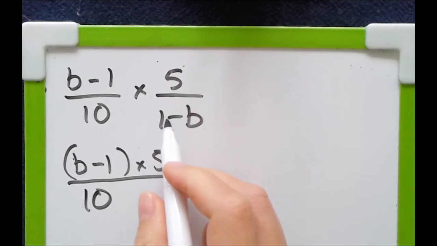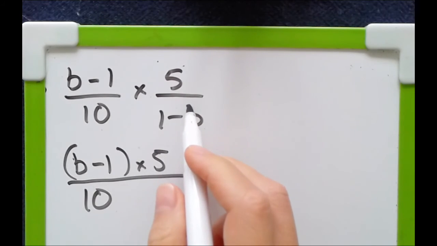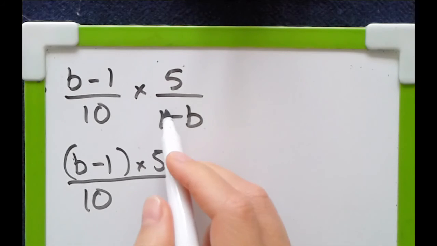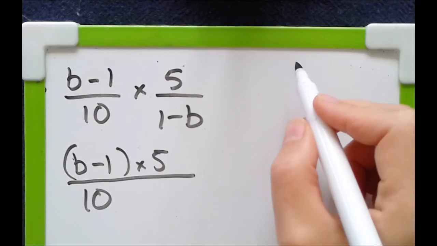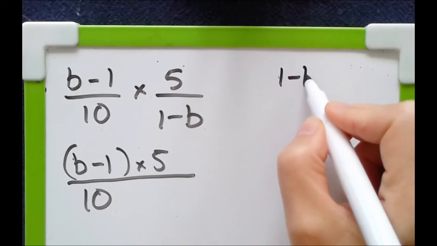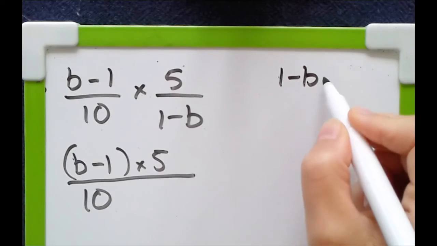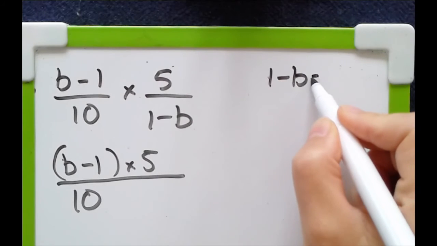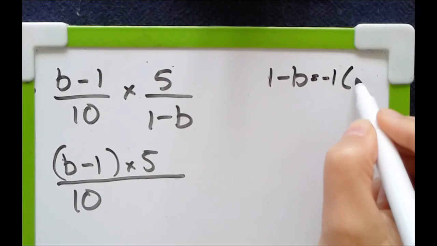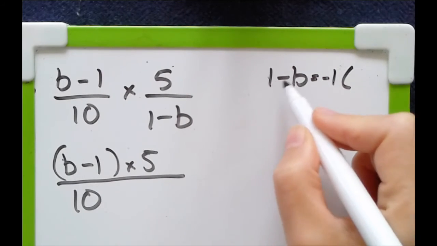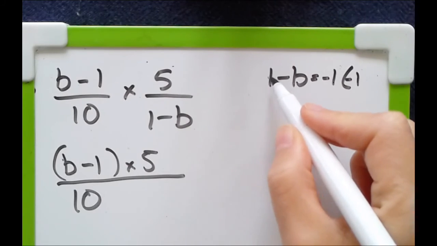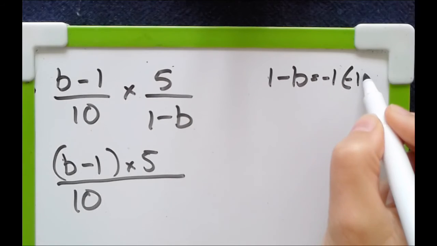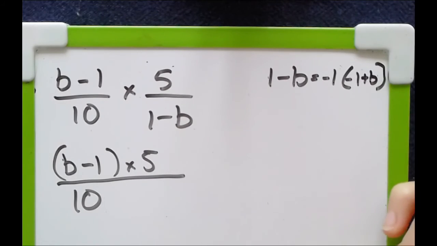And here we're going to factorise by -1. So we're just pulling out a -1 from here. I'll do it over here so you can see. So 1 minus b is the same as -1 times what gives me 1? Well, that's just -1. -1 times -1 gives you 1. -1 times positive b gives you a -b.